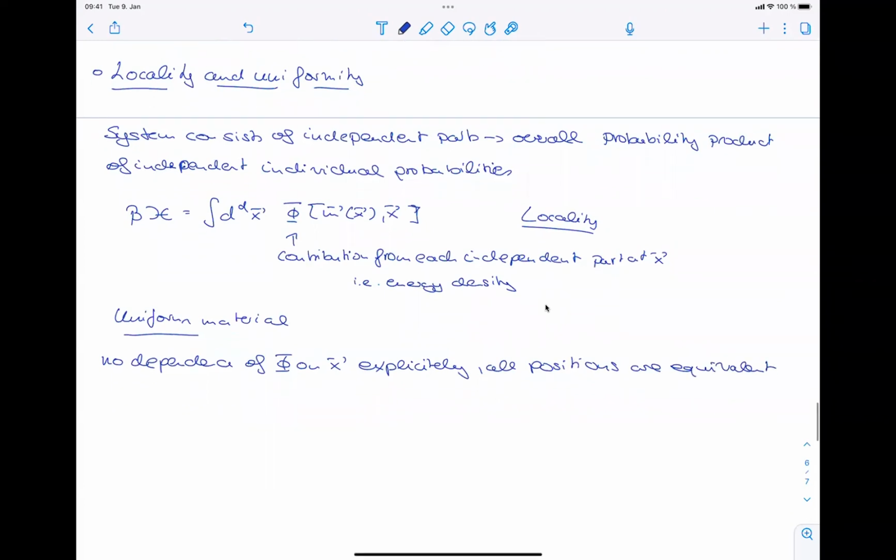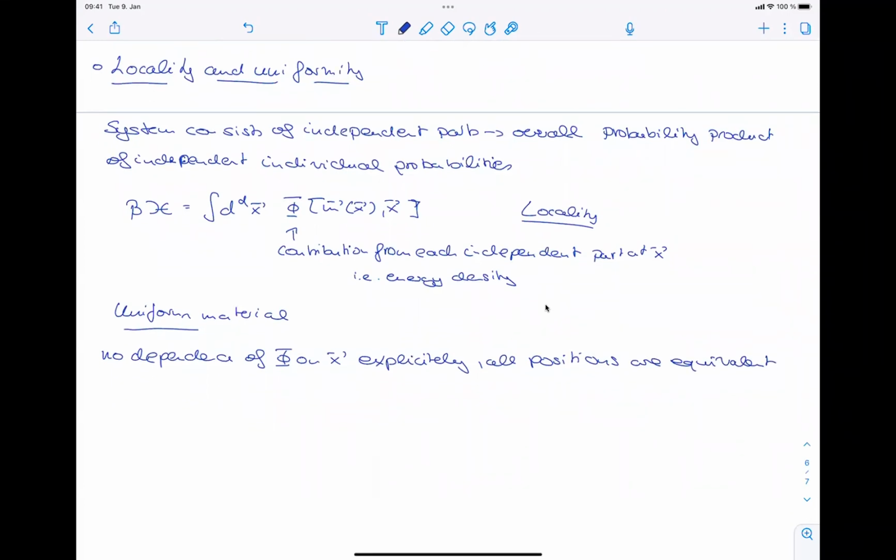Let me just quickly finish. A counterexample would be, for example, to have an external potential that is not uniform.